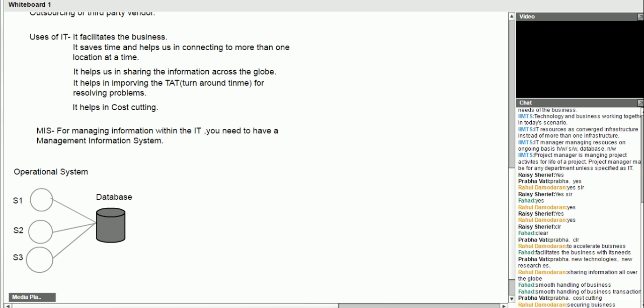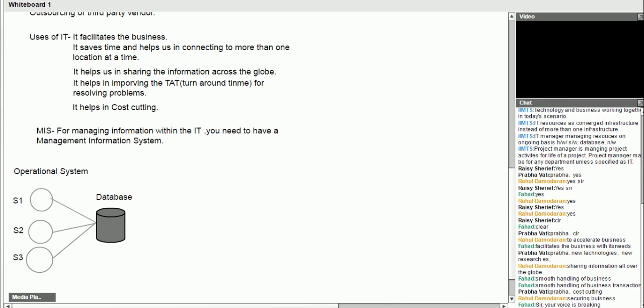The operational system is the one on which you are working.